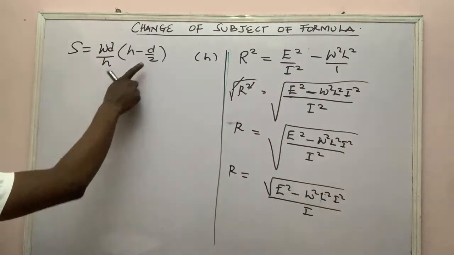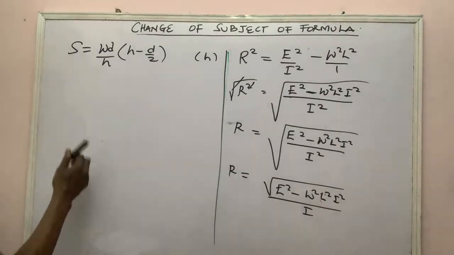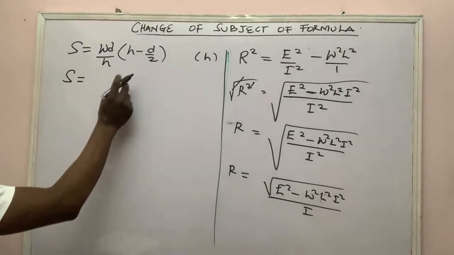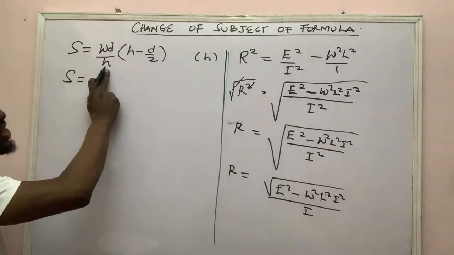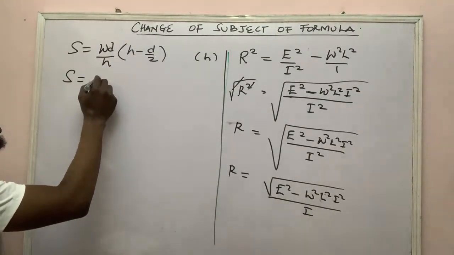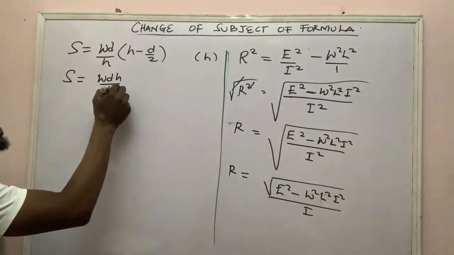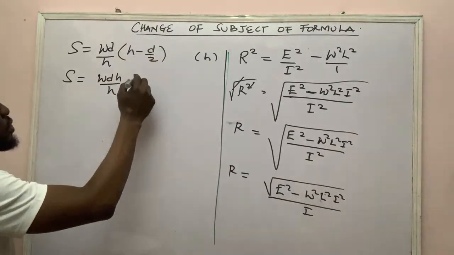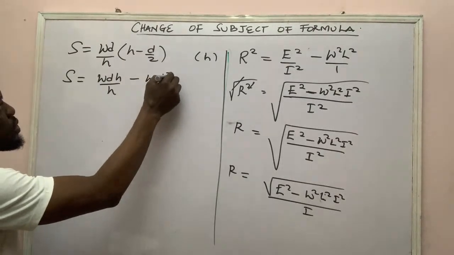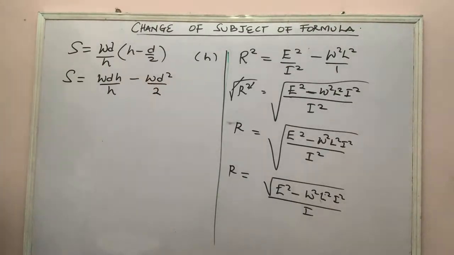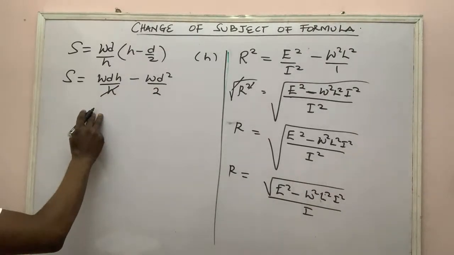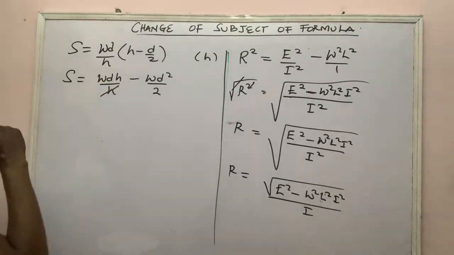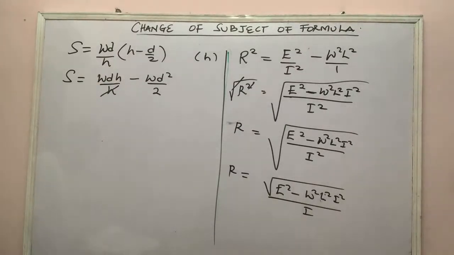you can decide to open up the bracket. All right, so we have S equals, if you open up the bracket, WD over H, if you multiply it by this, you're going to get WDH over H. If you multiply this by this, you're going to get minus WD squared over 2. Sorry, let me look at the question again.